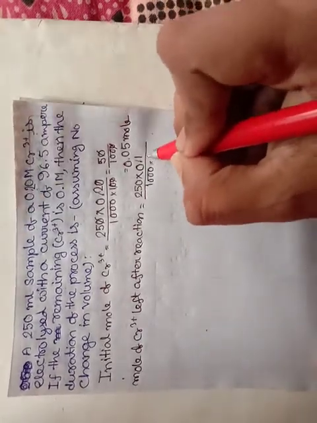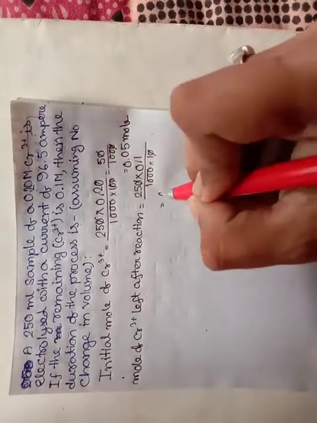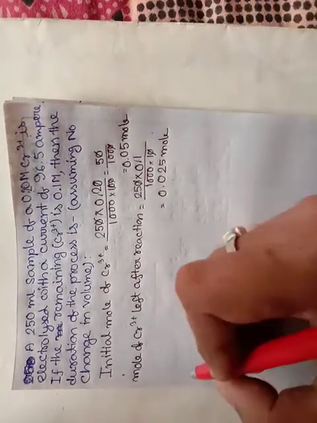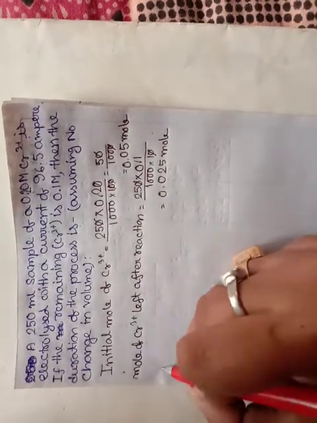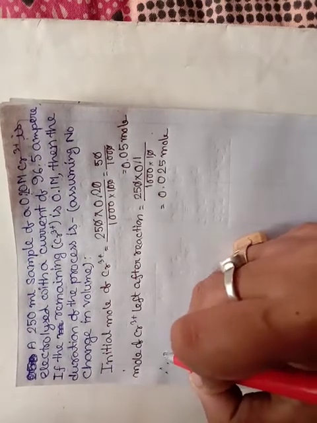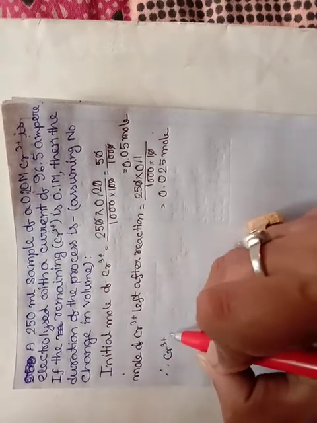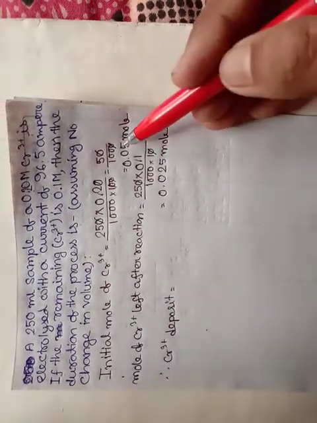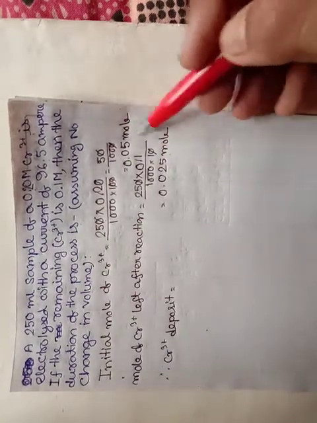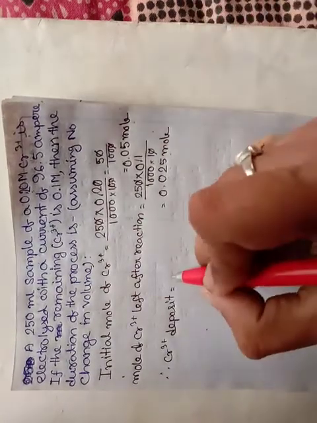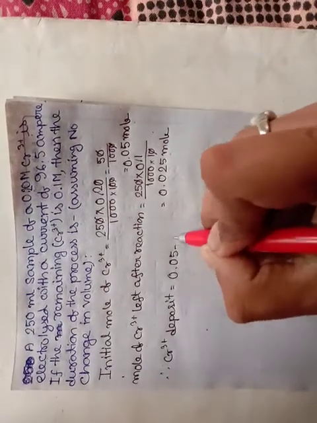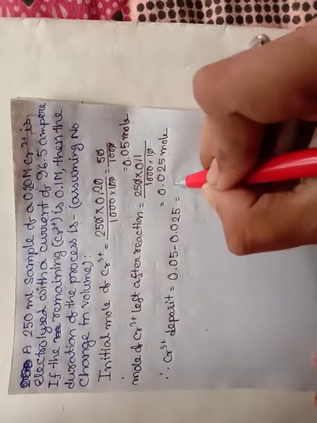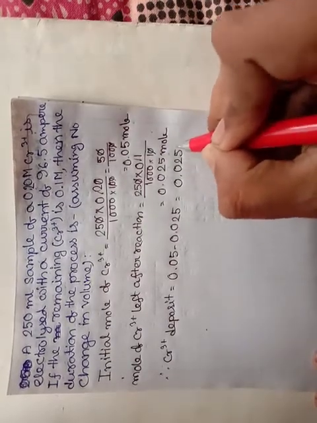That means 0.025 mole. Therefore Cr3+ deposited is the difference between initial and final moles, that is 0.05 minus 0.025, equal to 0.025 mole.